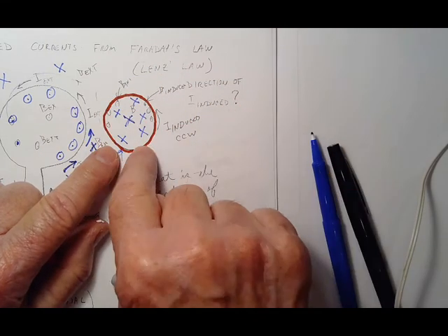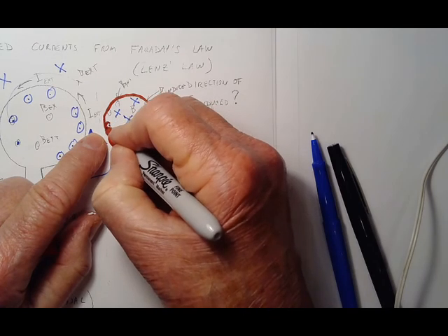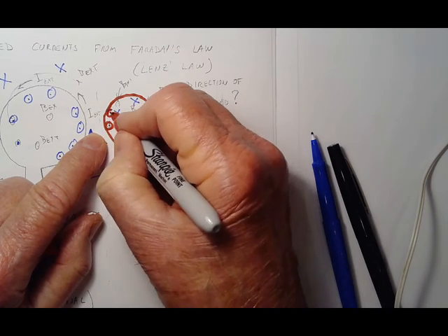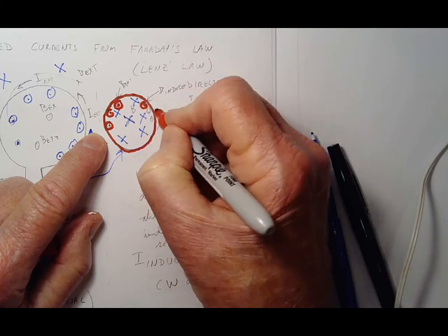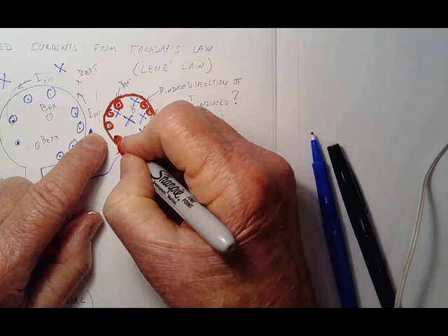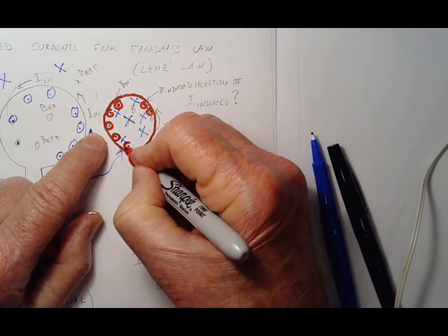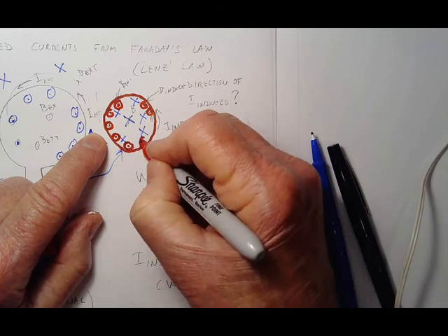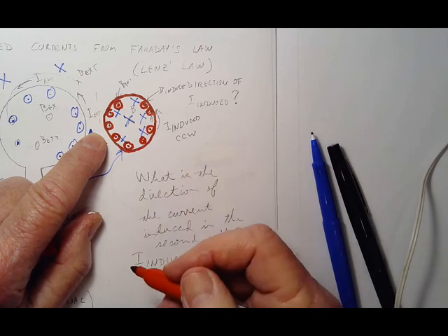If the flux is getting bigger in time, I want to induce a magnetic current and some magnetism that tends to counteract that. So inside this coil here, I get an induced magnetic field that goes opposite to the incoming external magnetic field.